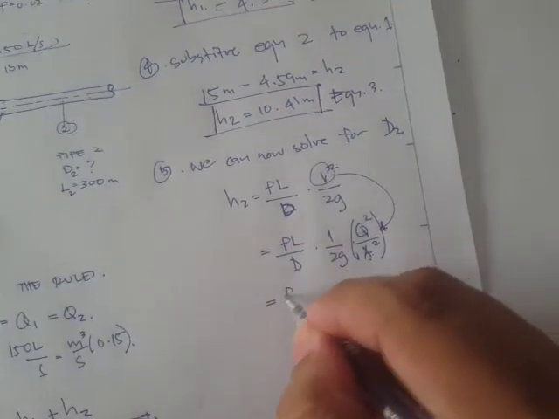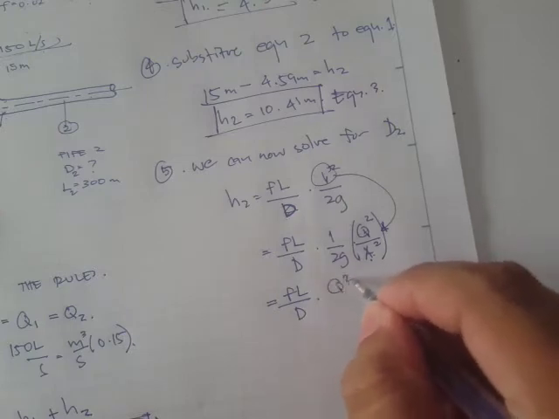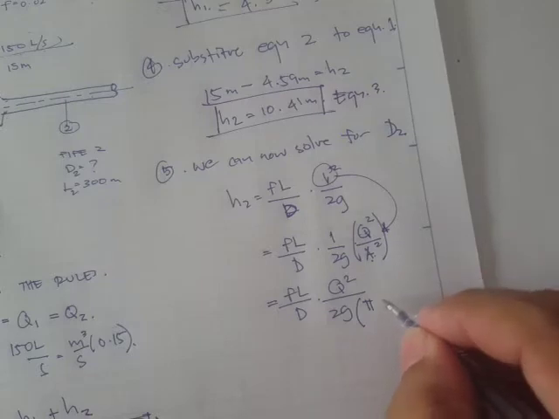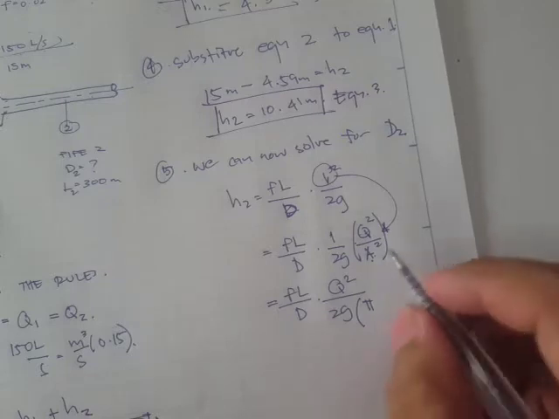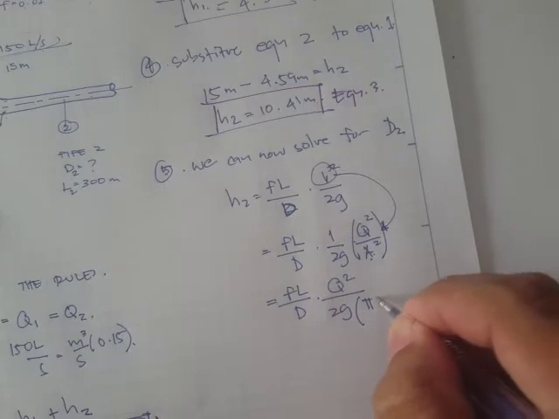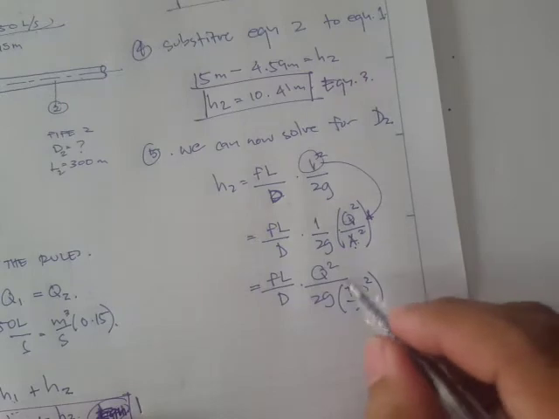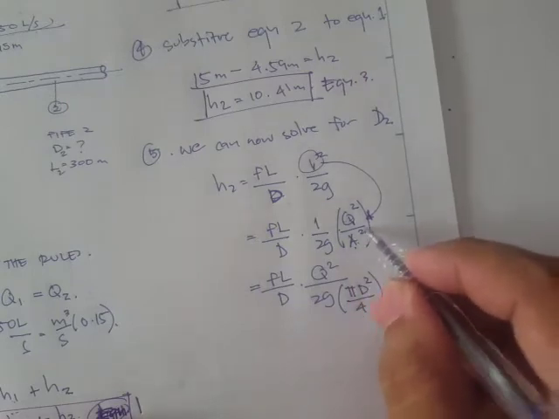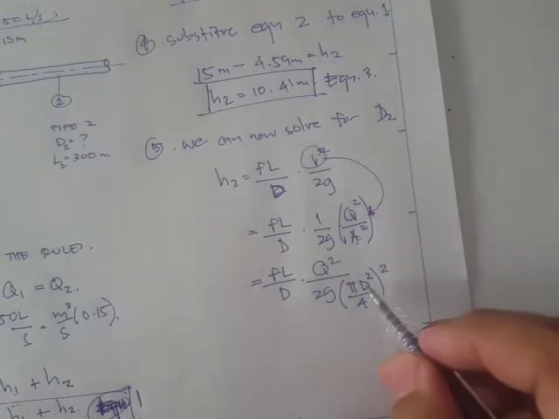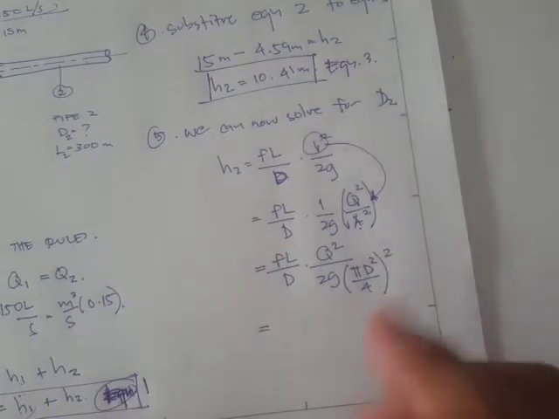So therefore, FL over D times Q squared all over 2G times pi D squared, right? This is pi D squared all over 4, but this term right here is still raised to 2. Okay, so therefore this will be D to the fourth.